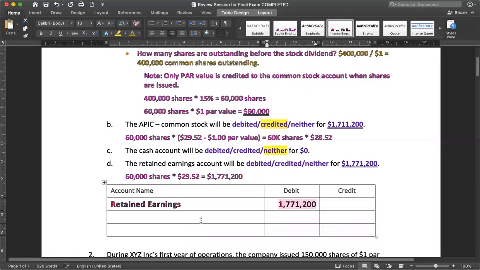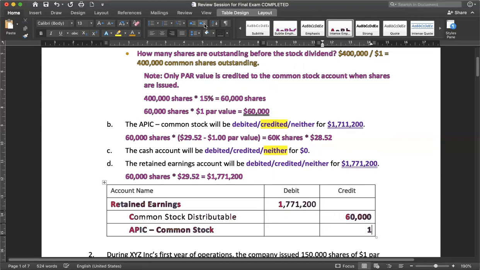And we're going to credit now common stock distributable, and this distributable account, then when the stock is actually issued, this account will be debited and common stock will be credited. And then we have the additional paid in capital, common stock.